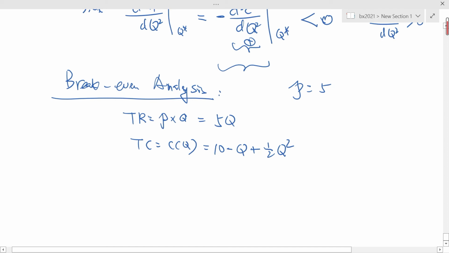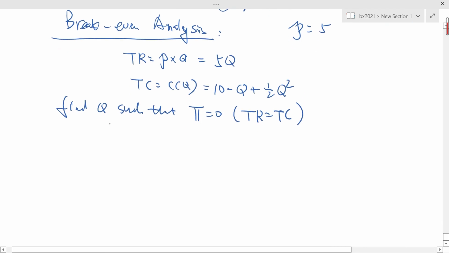And in the break-even analysis, we want to find q, the output, such that we break even, or profit is equal to 0, or total revenue is equal to total cost.